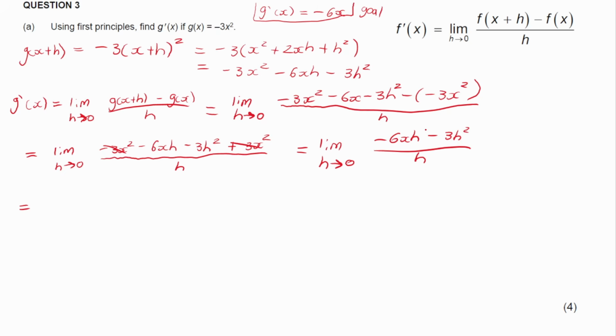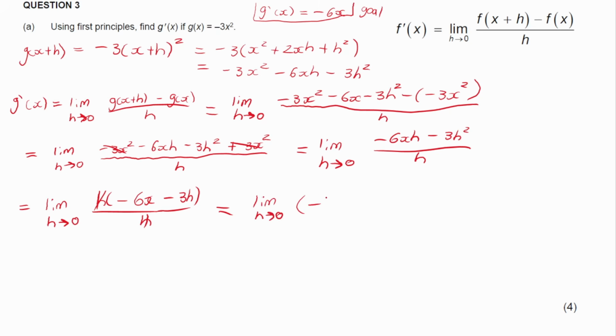What you'll notice here is we can take out a common factor h, and we have to do that because we have to get rid of this h at the bottom. So we still write the limit as h tends to 0, but now we take a common factor of h, all over h. Now you see this h and that h at the bottom will cancel. But because we haven't substituted h equal to 0 yet, we still have to write this limit.